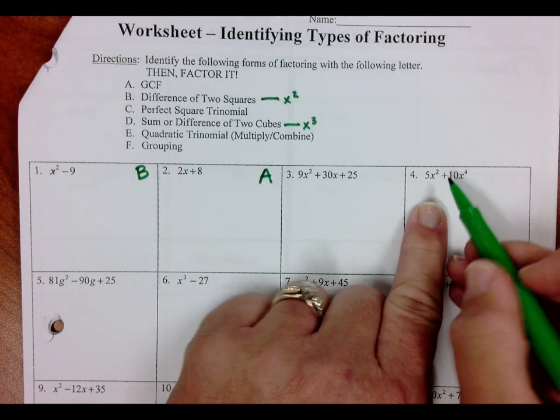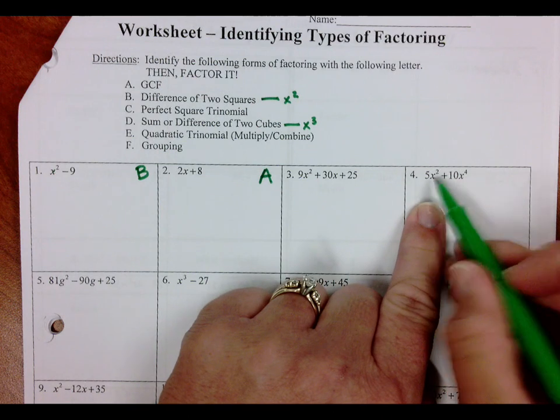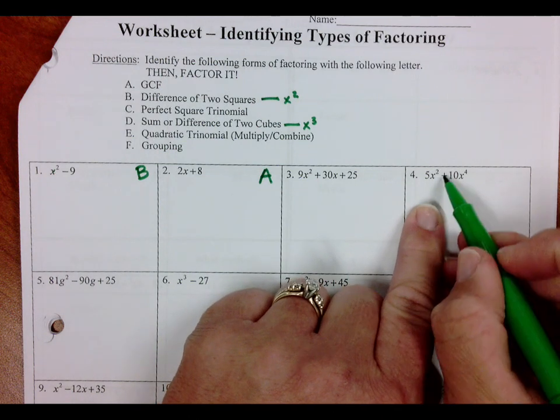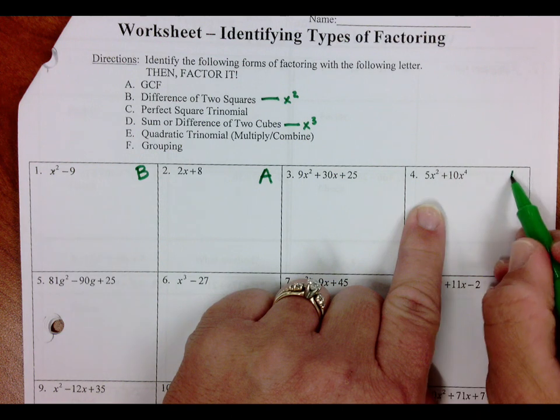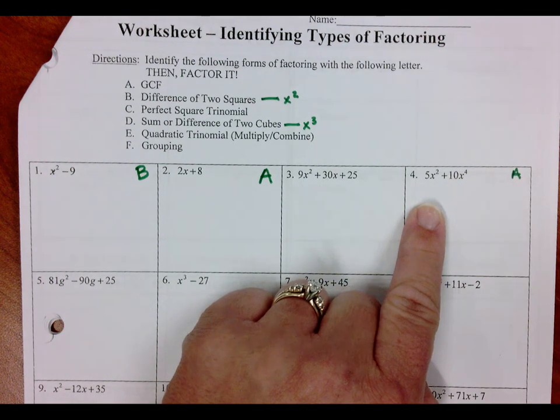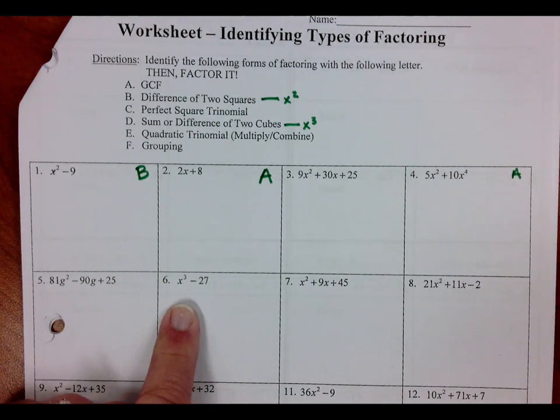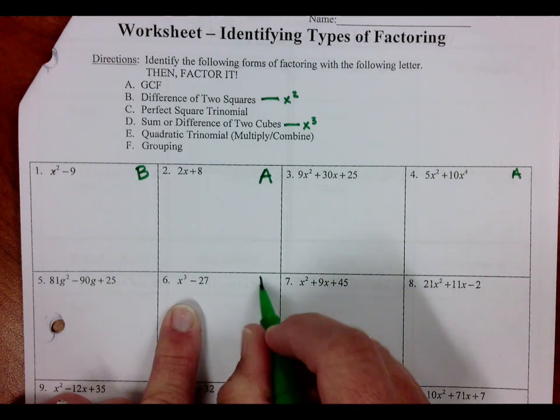It's probably just going to be just a GCF because it's addition. So I think it's just going to be an A, but we can check it when we go back and factor. What about 6? It's a difference of cubes, right? So the letter D.